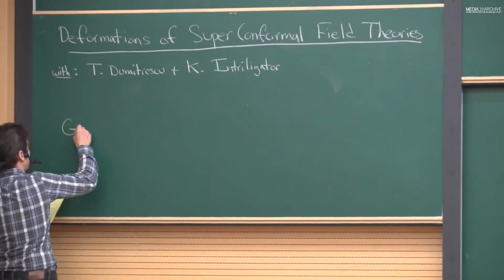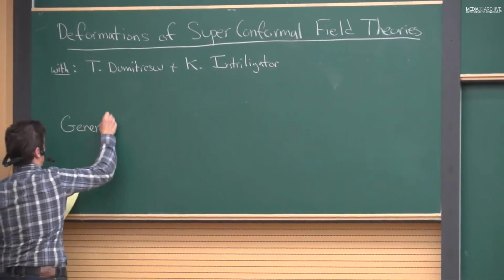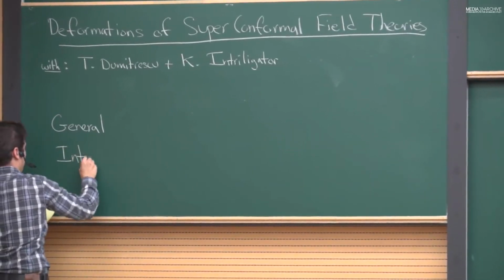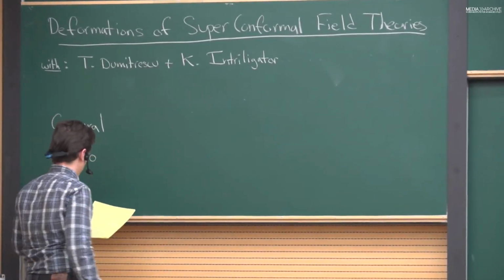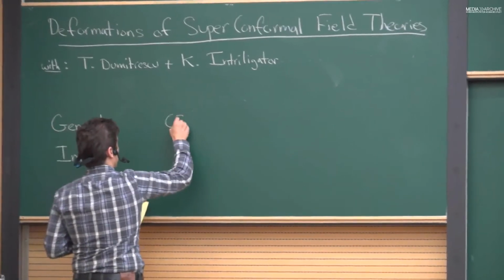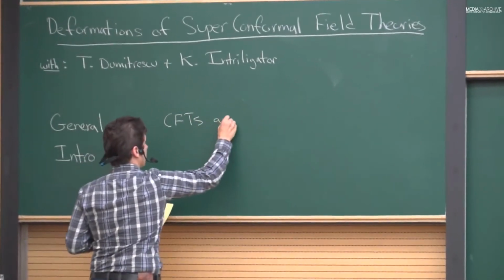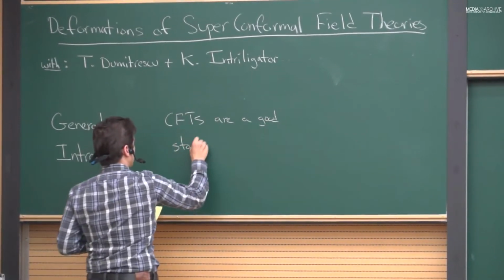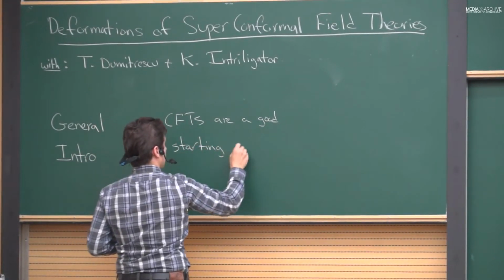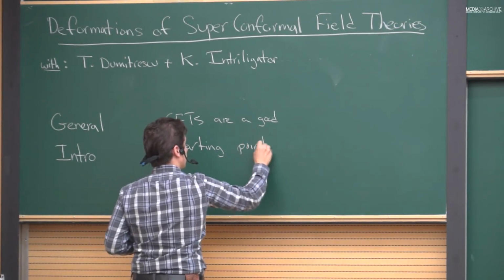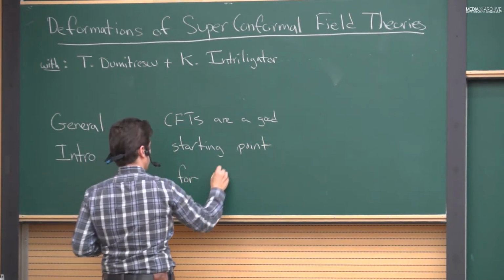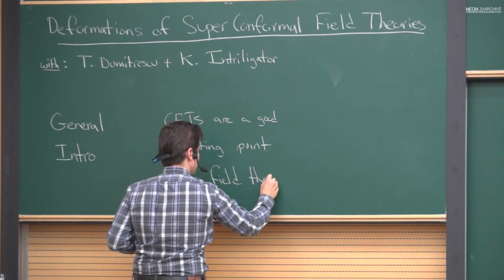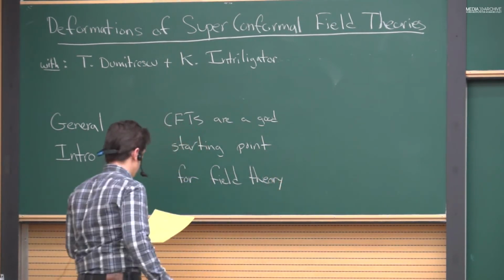So the general motivation: this is going to be a talk about CFTs. So why do we care? Well, everyone knows that CFTs are a good starting point for understanding general field theories. Why is that?